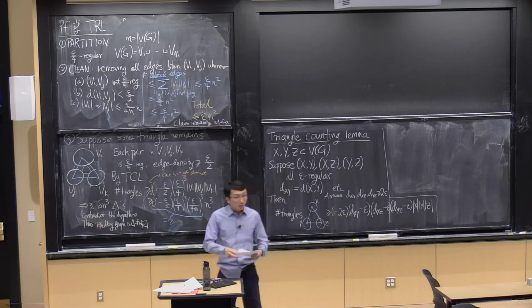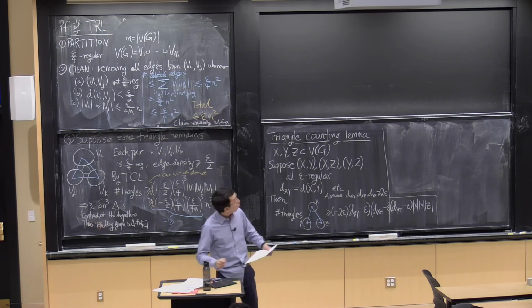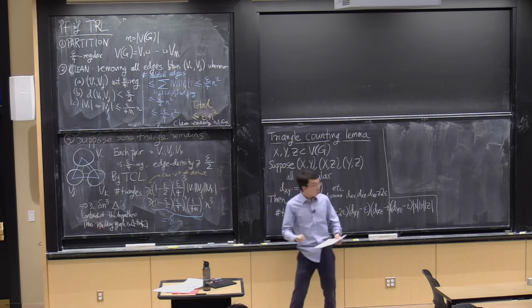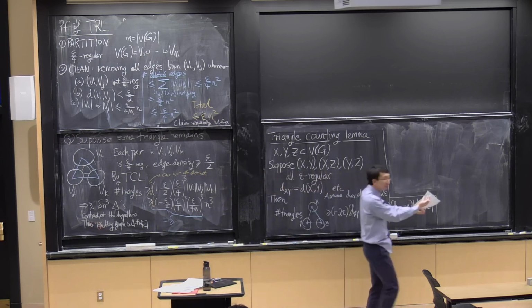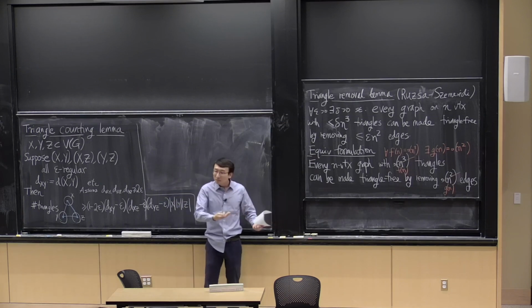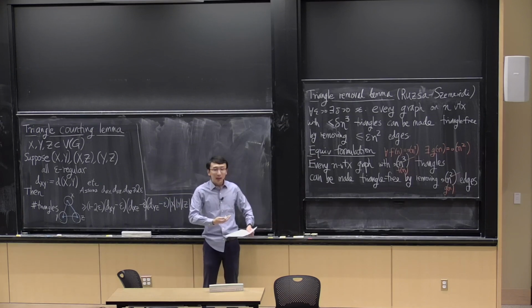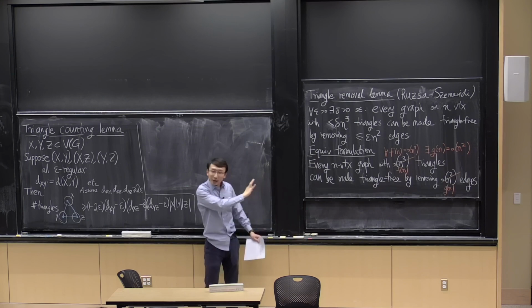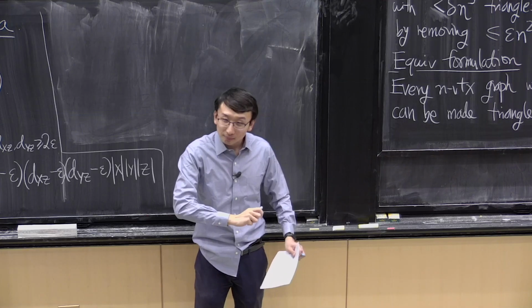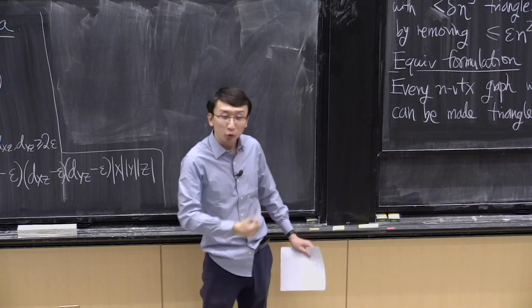Great. So why do people care about the triangle removal lemma? It's a nice, maybe somewhat unintuitive statement, but there was a very good reason why this statement was formulated. And it's because you can use it to prove Roth's theorem.